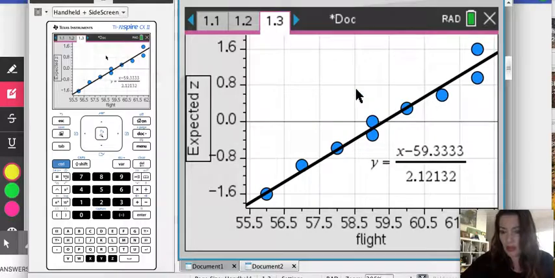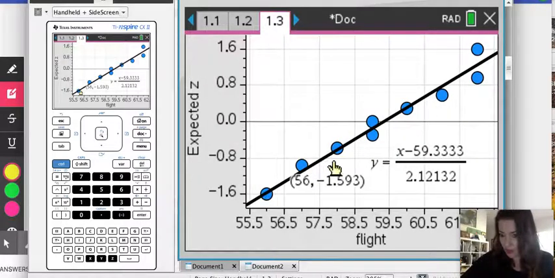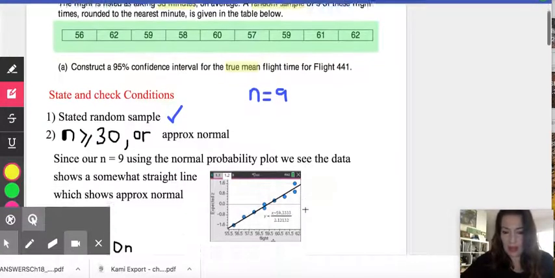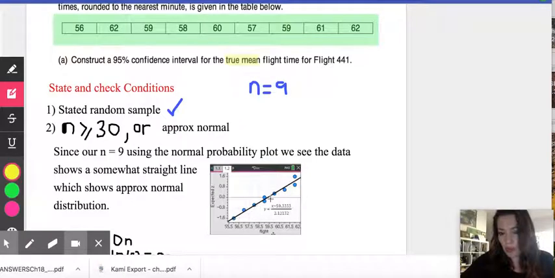When it shows an approximate straight line, then our normal probability plot indicates that this is somewhat normal. So looking at our second condition, we don't have a sample size greater than or equal to 30, but what we do have, and I cut and pasted here, is a normal probability plot. The data shows a somewhat straight line, which shows approximately normal distribution.